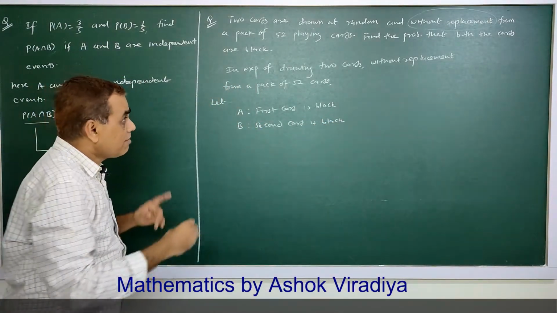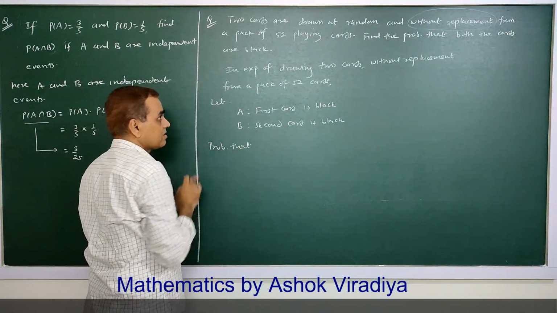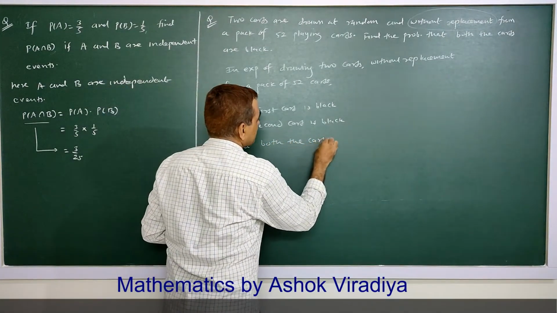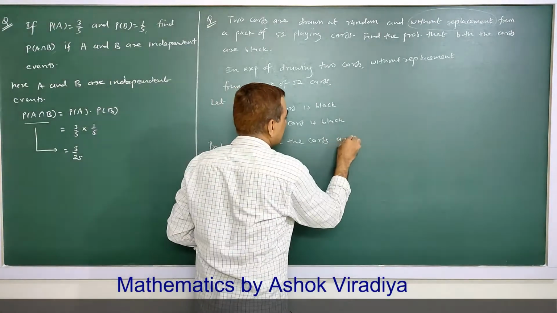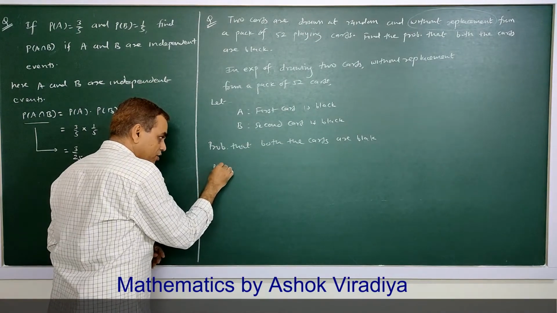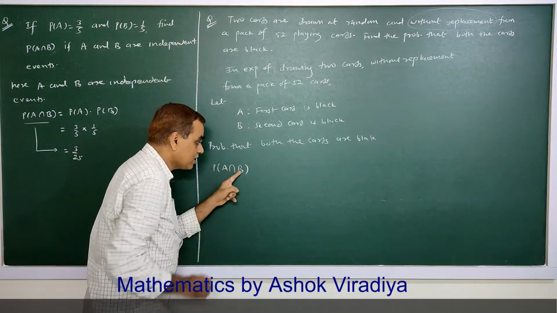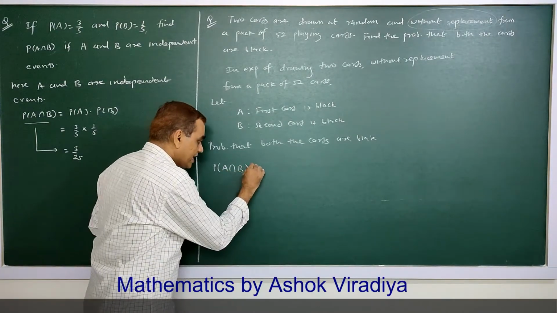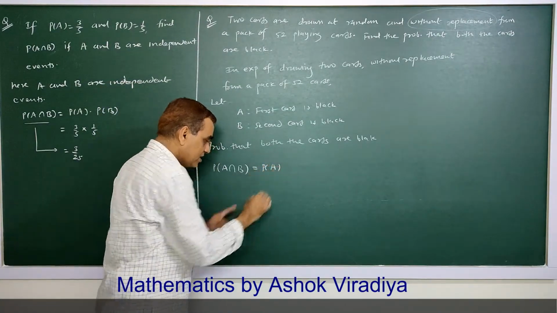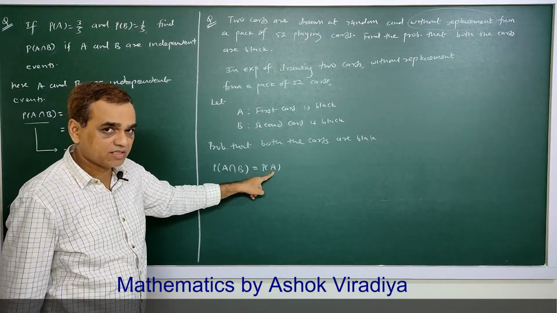So we want probability that both the cards are black, that is probability of first card is black and second card is also black. So it is equal to, first of all A occurs, first card is drawn from 52 cards.